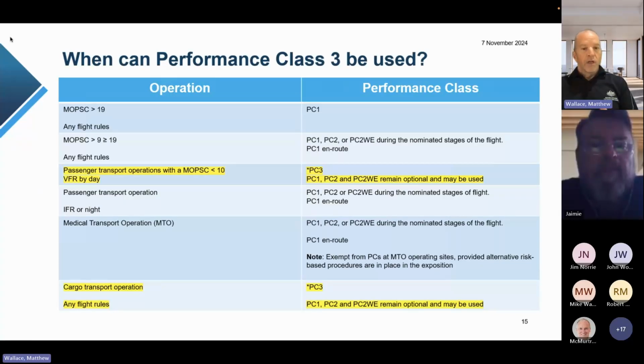Again, like I said, for cargo transport operations and any flight rules, we can use PC1, PC2, or PC2 with exposure. So PC3 is really limited to an MOPSC of less than 10, VFR by day, or a cargo transport operation.